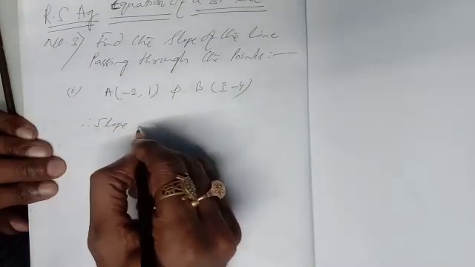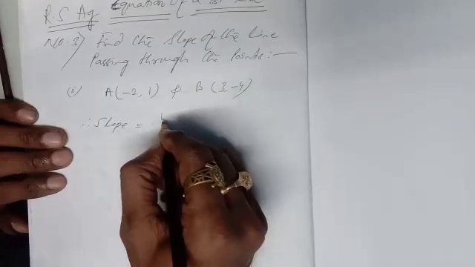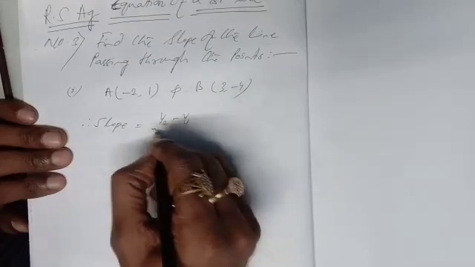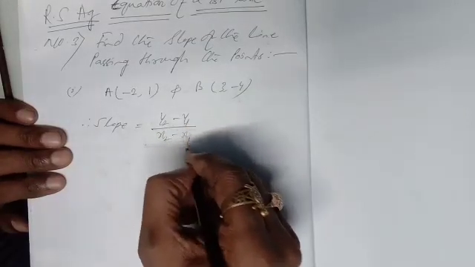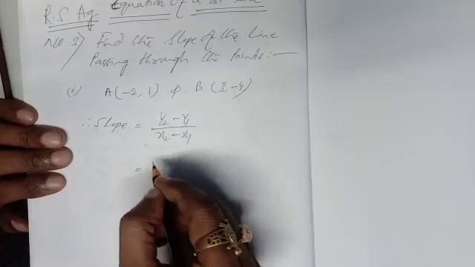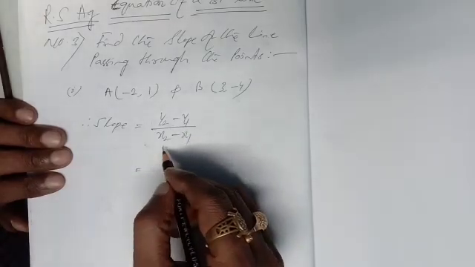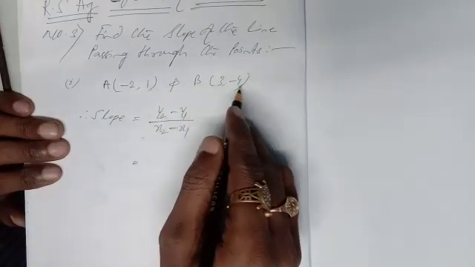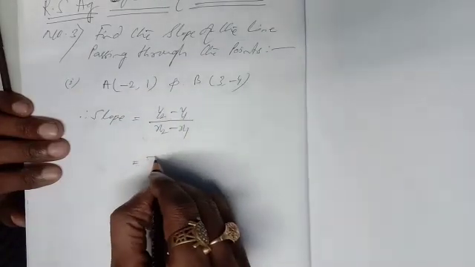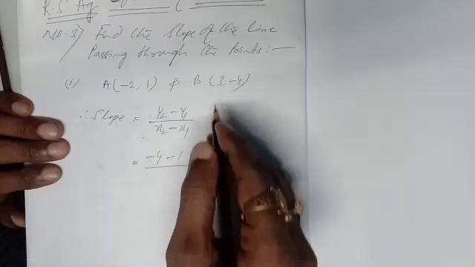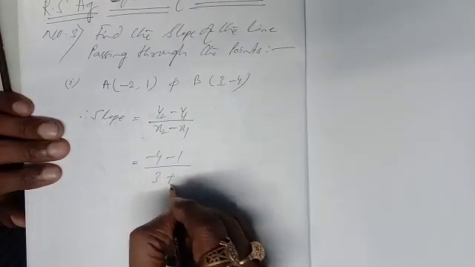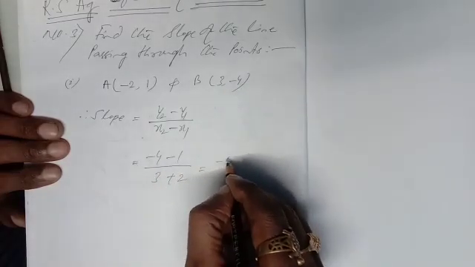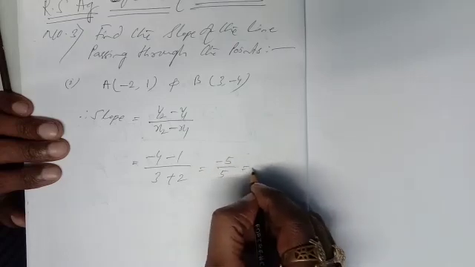As per the formula, slope is y2 minus y1 by x2 minus x1, the difference in y coordinate by the difference in x coordinate, taking the first point as x1, y1 and the second point as x2, y2. So y2 minus y1 is -4 minus 1, and x2 minus x1 is 3 plus 2. That means -5 by 5, which is equal to -1.